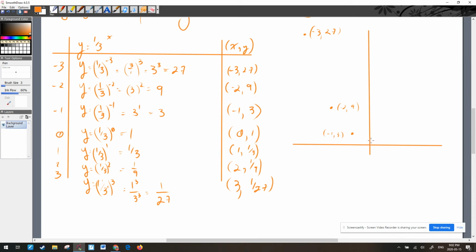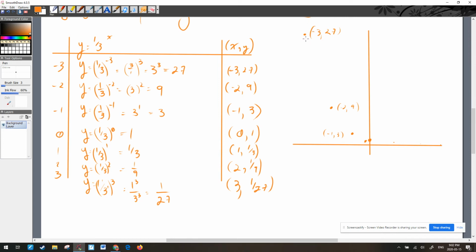And then 0 and 1. All right, so it goes through at 1, just like it did in the last one. Interesting. And then 1 and 1/3, so it's not up very high. And then 2 and 1/9, so it's really low. And 3 and 1/27 is practically indistinguishable from the axis, but still above the axis.